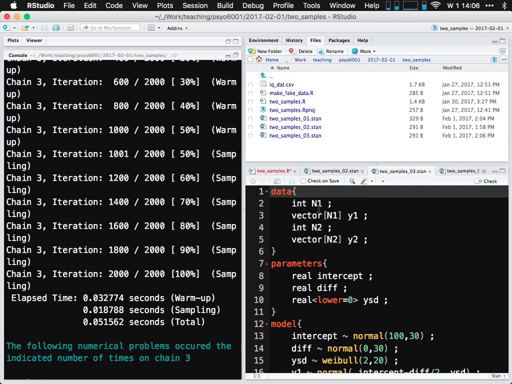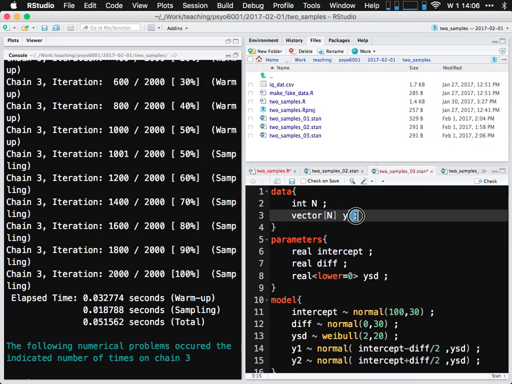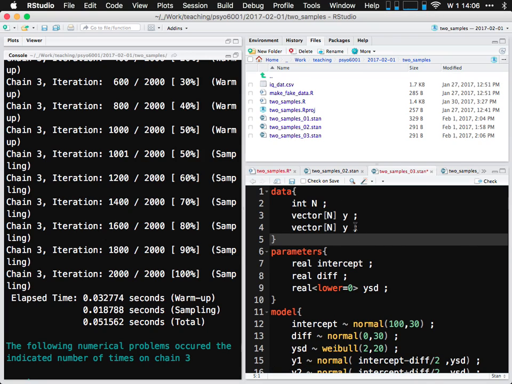Now instead of n1, y1, we're just going to have n, because we're going to have a total number of samples, and we're just going to pass all the samples in as one long thing. But in addition to a vector called y, we're going to have a vector called x. So the y's contain all the IQ values, and the x contains some sort of indicator as to what group the people belong in. We're still going to have intercept, diff, and the amount of noise.